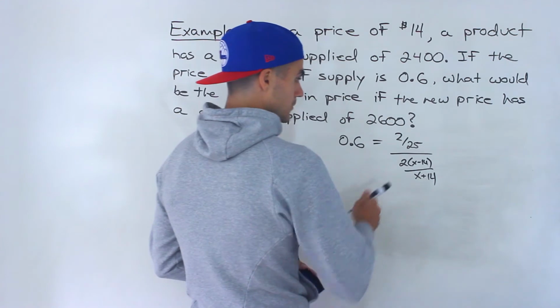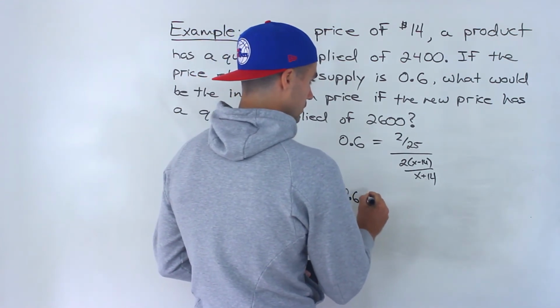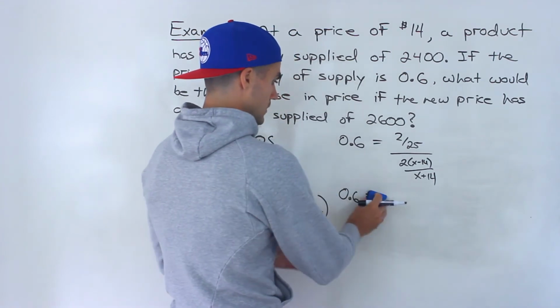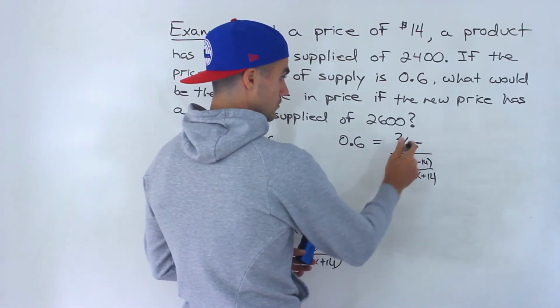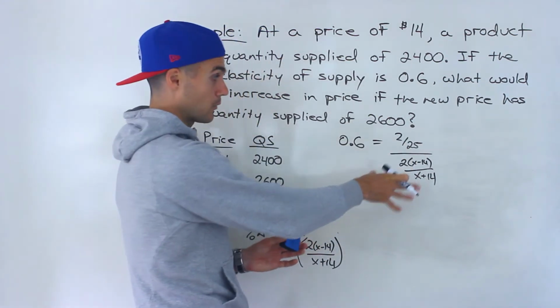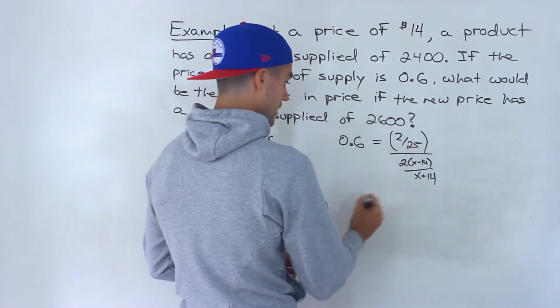So first thing I'm going to do is work with this side and make it look a little bit nicer. The work I'm about to do here is going to be side work for this main equation. So we have a fraction divided by another fraction.